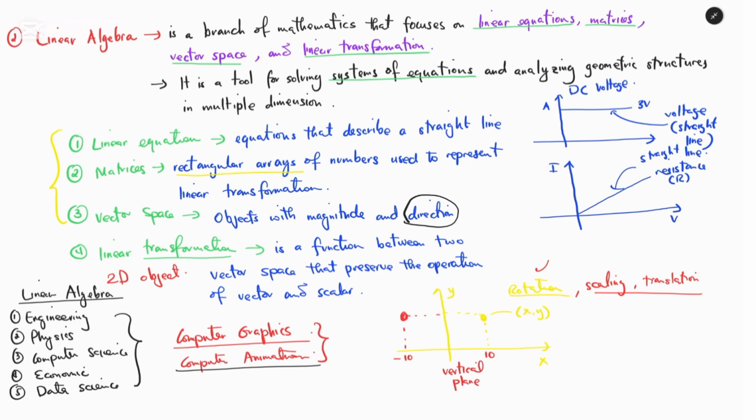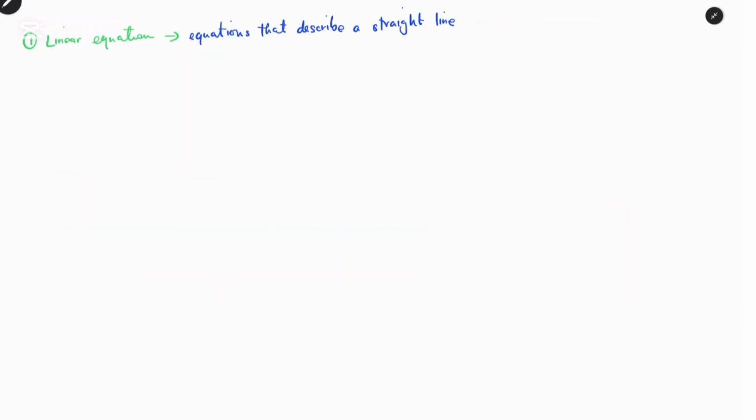So if you want to know more, we will now dive deep into understanding the linear equation as a first topic in linear algebra. And now the linear equation, which we described earlier as the equation that describes a straight line. And there are 3 steps in linear algebra.